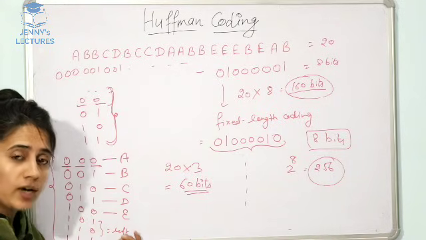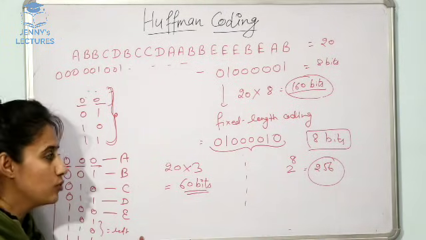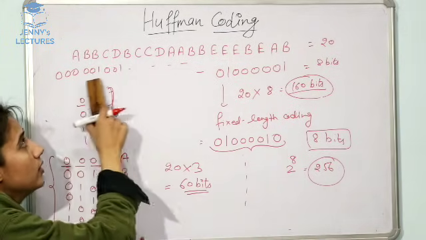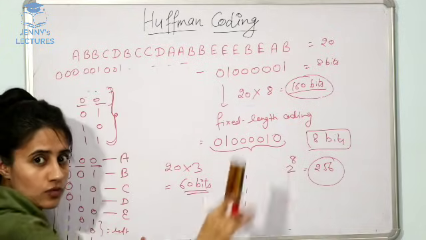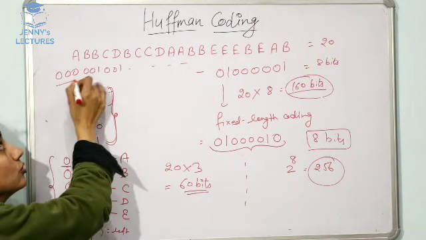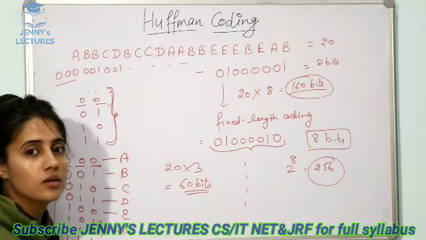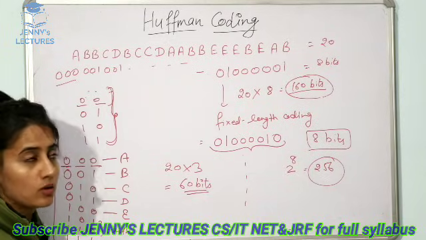The main funda is, the problem will be there when decoding that message. Suppose we have encoded this message and we have transferred. Now how will the receiver know that 000 means A? How will that receiver decode that message?